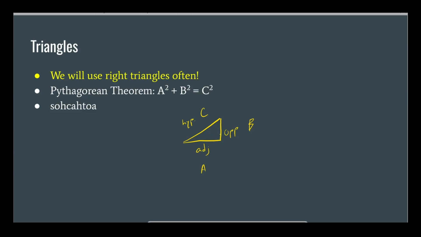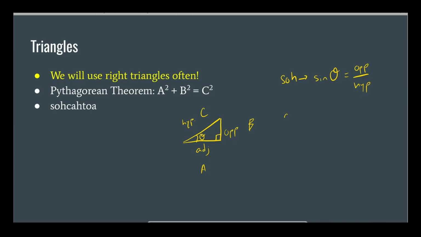Obviously, this is a right triangle, so it's 90 degrees, and then we might want to know what this angle here is. Typically, we use this symbol theta for an angle that we are missing. And then really quickly to talk about SOHCAHTOA, you probably already know this, but just a quick review. SO: sine of our angle is equal to opposite over hypotenuse.